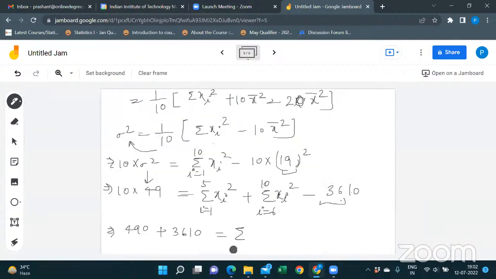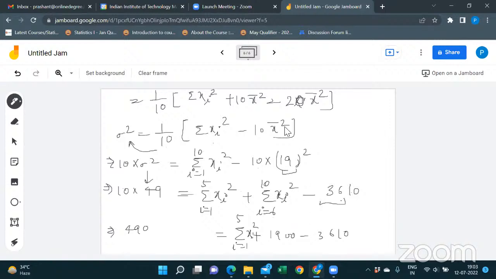So summation i equals 1 to 5 xi square plus 1900, and 3610 is already there on the other side, so we transfer it to the left hand side, minus 1900. Sorry, got it. Now it's correct, right? Yes, sir.